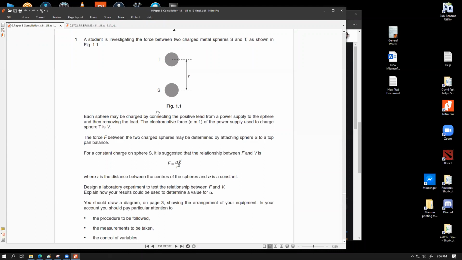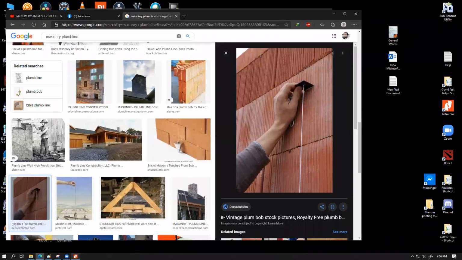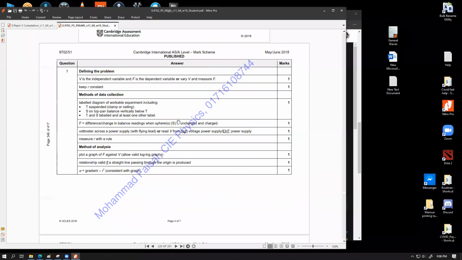Maybe they are proposing that we're going to have this for a constant charge. I'm not sure why they mentioned S over here. They should have mentioned T over here. Anyway, F is the difference between the two readings, between whenever any of them is uncharged. I mean, you don't have to have both of them uncharged. If any of them is uncharged, you have zero force.